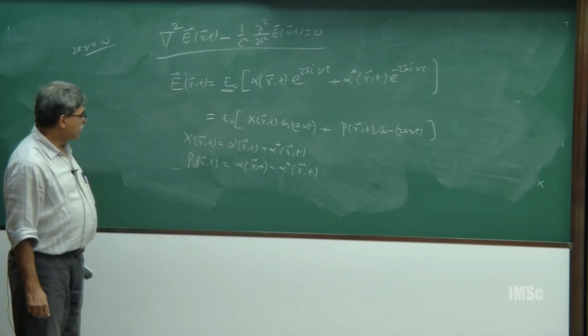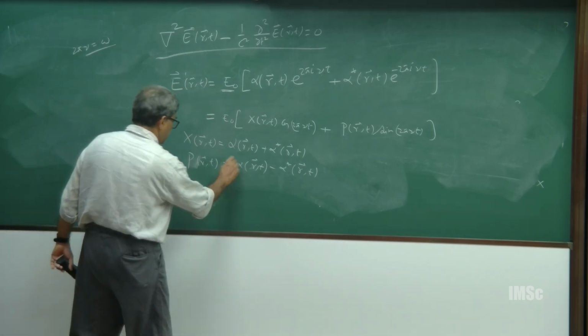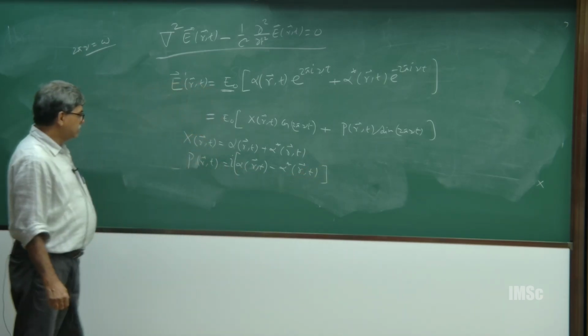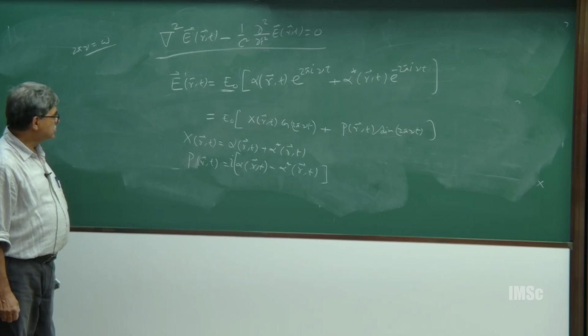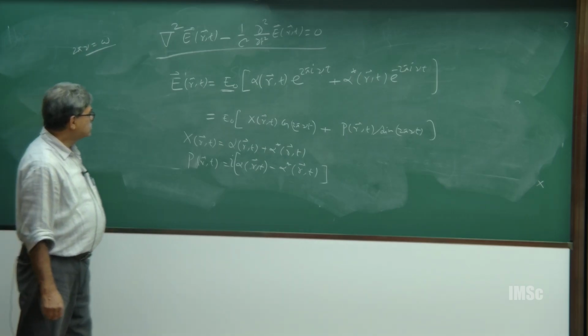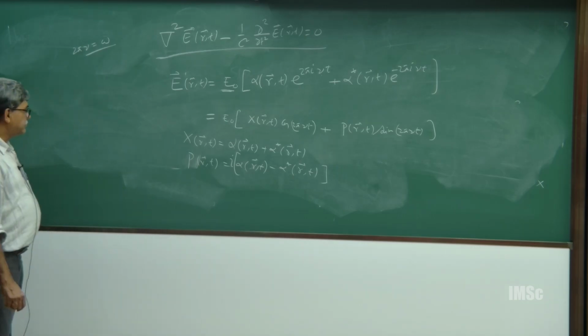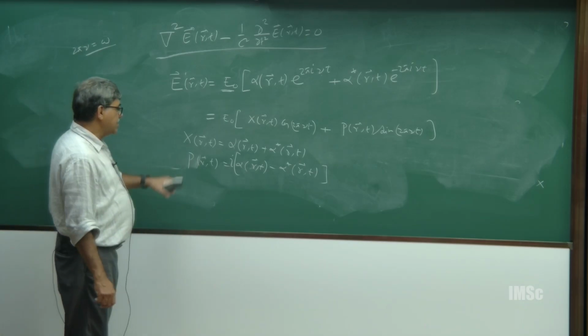Some i is missing somewhere. Maybe an i of this, is that correct? Yes, I think it is correct. So, this is the imaginary part, you can say.